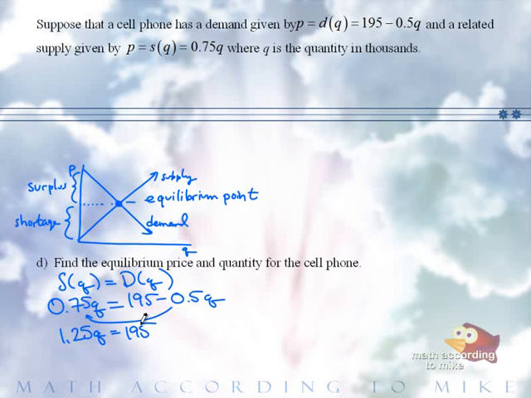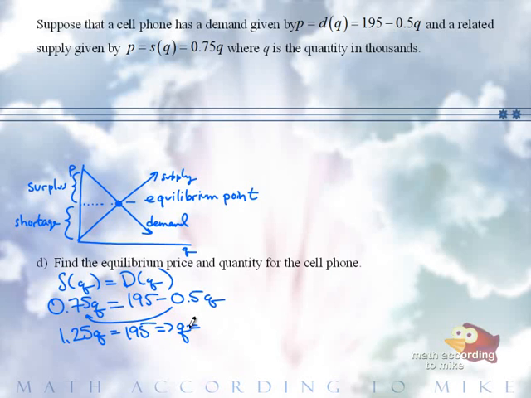And then finish solving for Q by dividing by 1.25. I don't know if it's a pretty number. Oh, I got 156. Did anyone else get that?